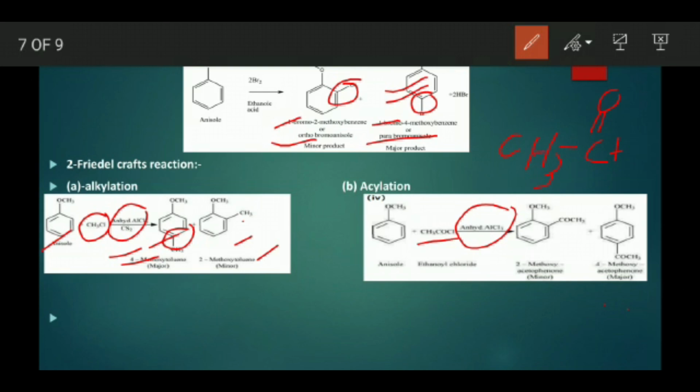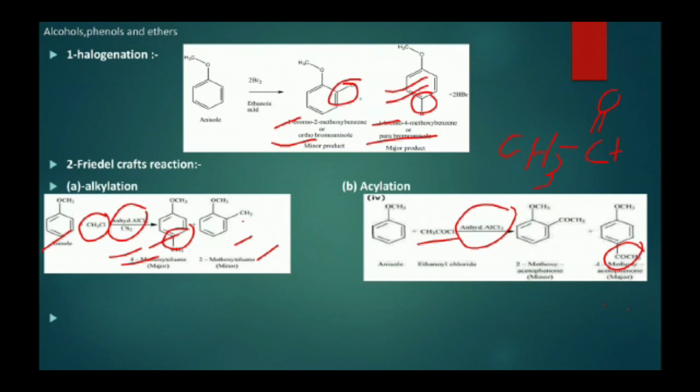This is the electrophile formed when CH3COCl reacts with anhydrous AlCl3, and this electrophile will attack and form the corresponding ortho and para substitution. First, 2-methoxyacetophenone and 4-methoxyacetophenone. As we know, 4-methoxyacetophenone is the major product and 2-methoxyacetophenone is the minor product. So this is the acylation.